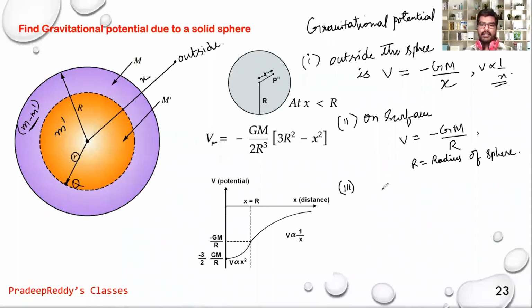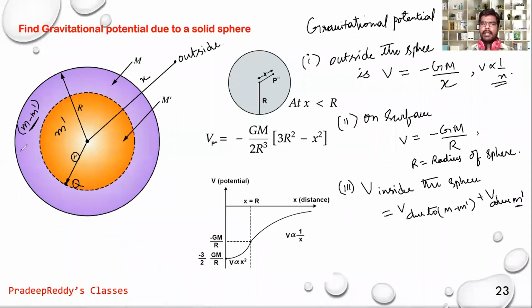So potential inside the sphere is equal to potential due to m minus m dash mass plus potential due to m dash mass. So m and m dash mass you can calculate.